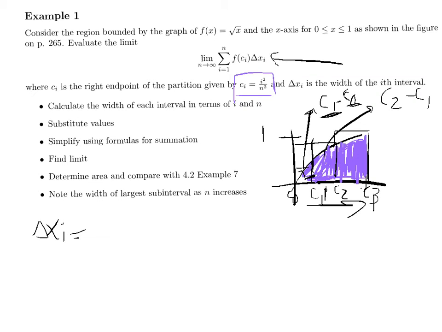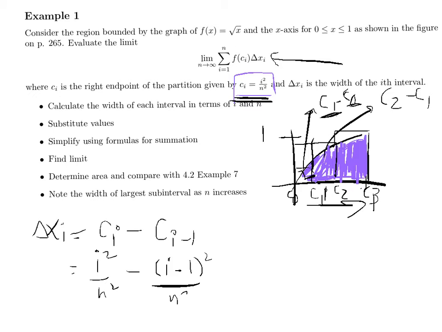So we're going to write that in a generic way: c sub i minus c sub i minus 1. Writing that in, given what c sub i is, it's i squared over n squared minus (i minus 1) squared over n squared.